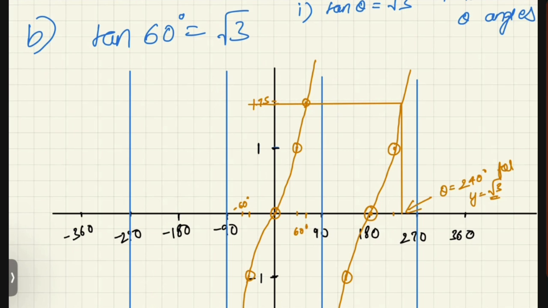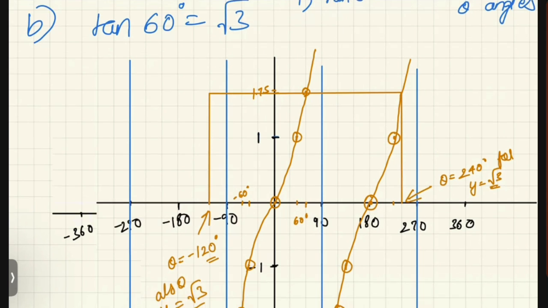Start from here and you end here. That's it. So this will be your value. Drop a perpendicular down at the bottom. It will be how much? Minus 90, minus 30, so theta minus 120 degrees also gives you y equals root 3, or tan of minus 120 degrees also root 3.